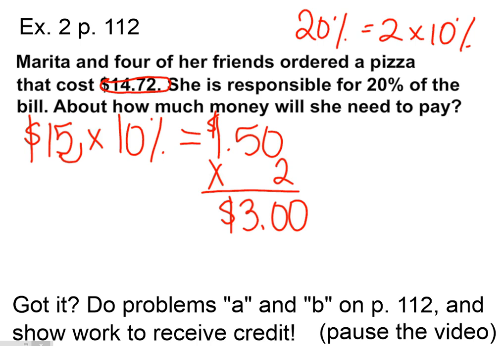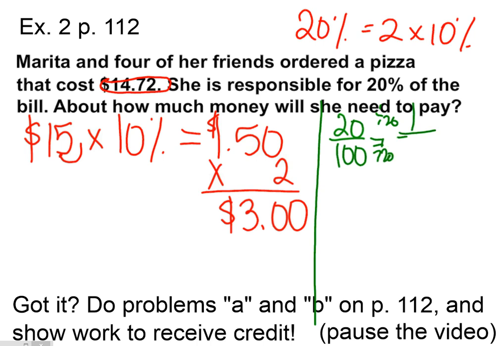Now, if I wanted to show you using a fraction, let me show you how I would do it with the second method. I would take 20% and write it as 20 over 100, which reduces if you divide the top by 20 and the bottom by 20. It reduces to 1 over 5. 1 over 5 times the bill, which is, remember, we're estimating $14.72 to about $15.